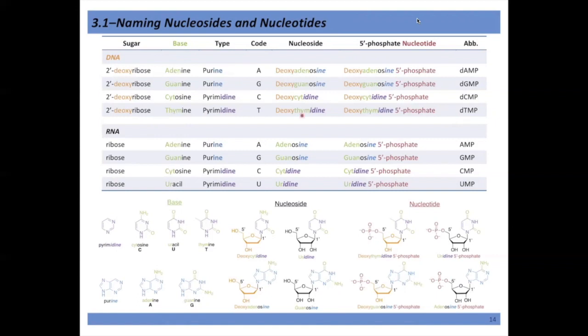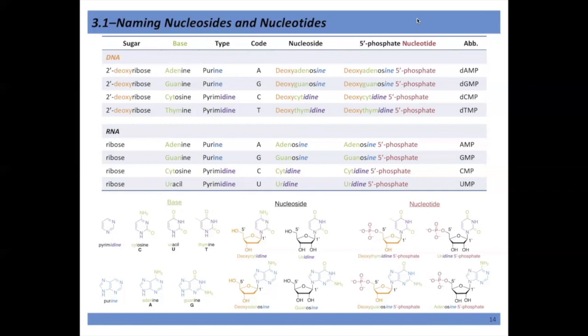And yes, this does seem redundant because we should know that thymine is a pyrimidine base, but the Department of Redundancy Department has approved this form of naming. And then finally, if we have a nucleotide, we just add phosphate to the end, and we indicate which position it is attached to and how many of them there are.